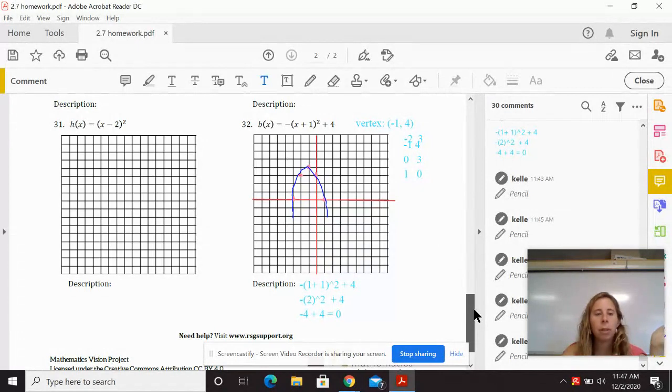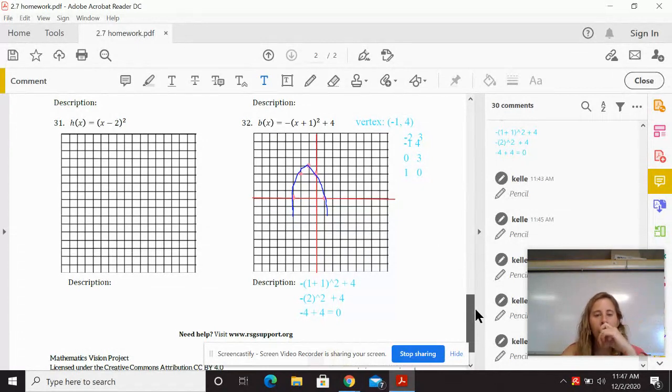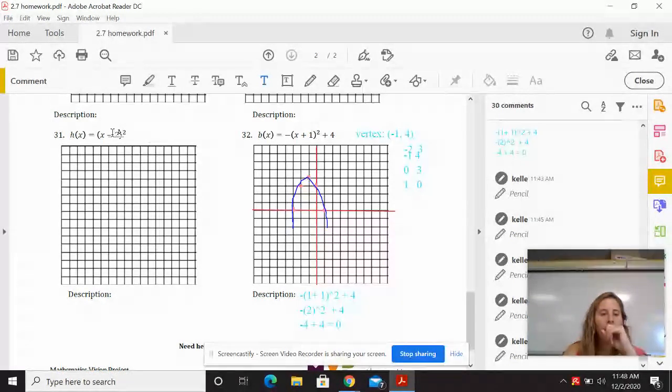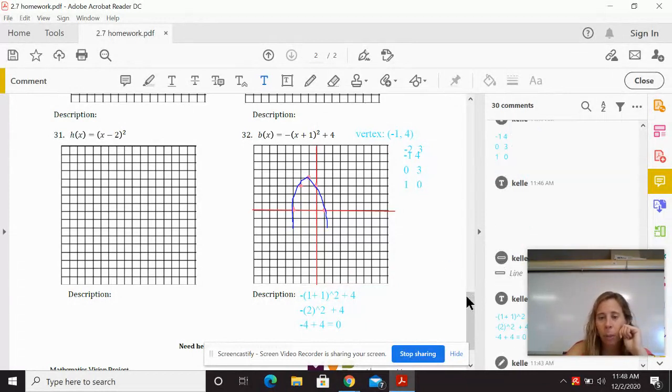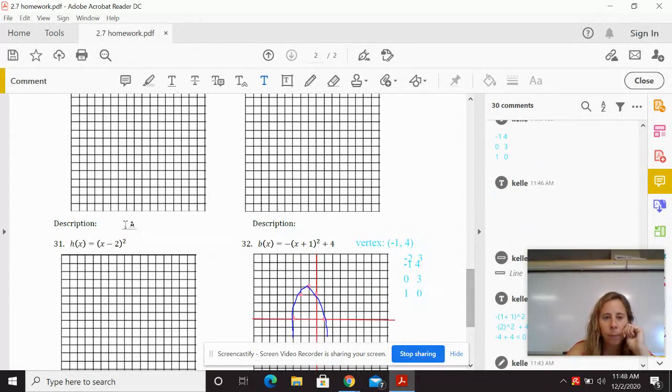Some of them you don't need to plug in points. You didn't need to for this one, but like for 31, you're just going to move it to the right 2. So your normal parabola, which you will have graphed up here, you're just going to move it to the right 2. Your y values are going to stay exactly the same.